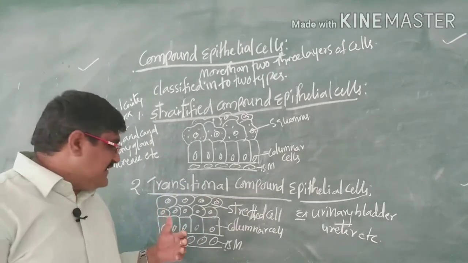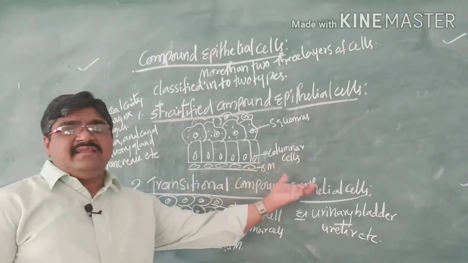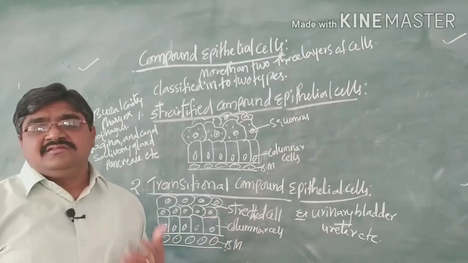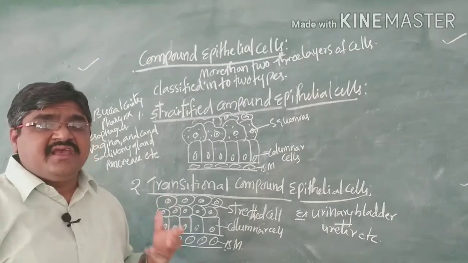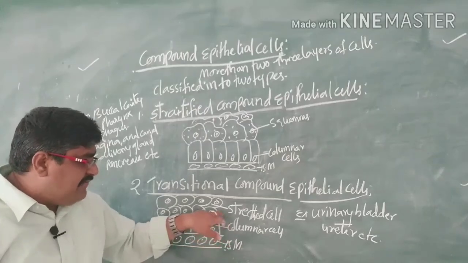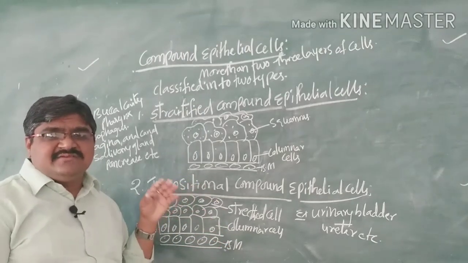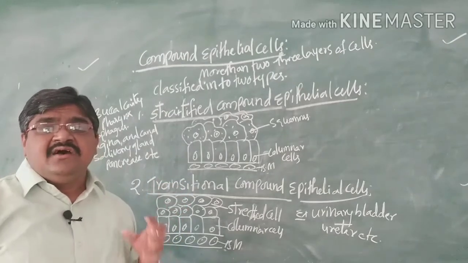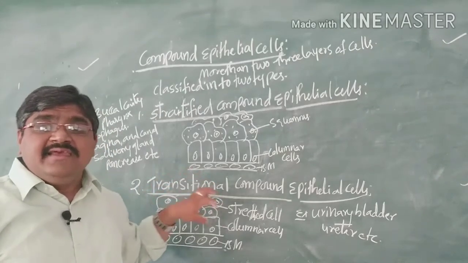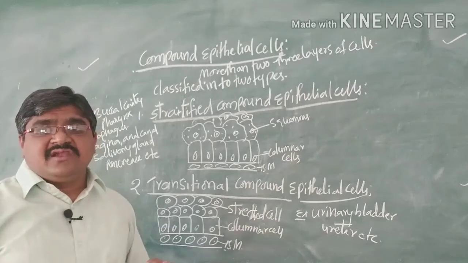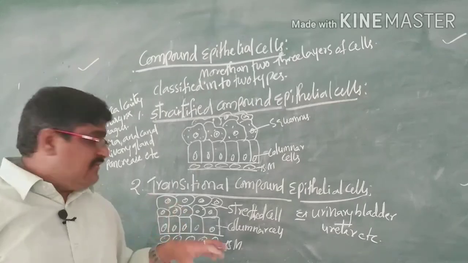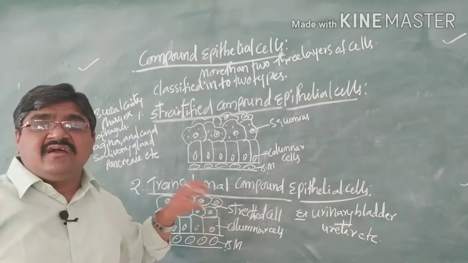Next, coming to the second one, that is the transitional compound epithelial cells. Here transitional means there are structured or elongated cells presenting. Above the basement membrane there are columnar cells, and above that there are structured, elongated cells, then we call them transitional compound epithelial cells. These also have more than 2 to 3 layers of cells, but the topmost layer has elongated or transitional cells.